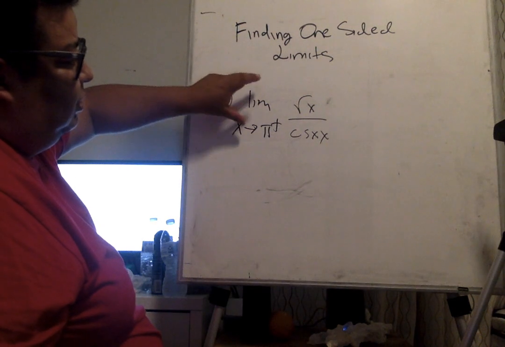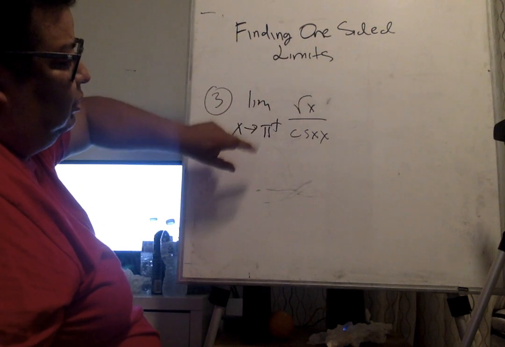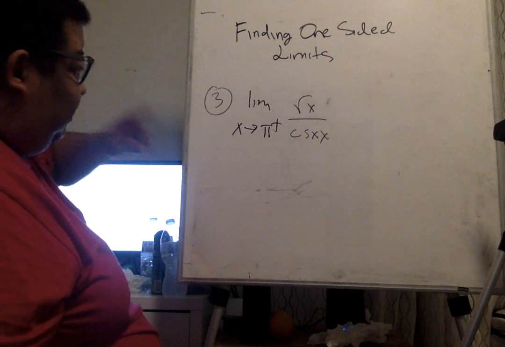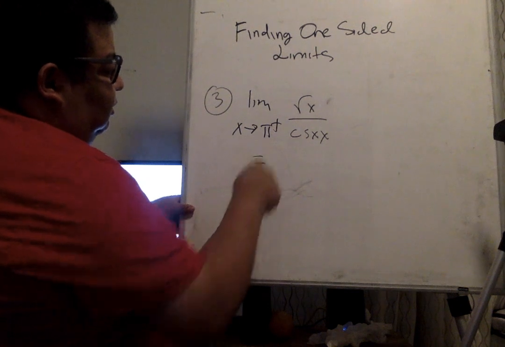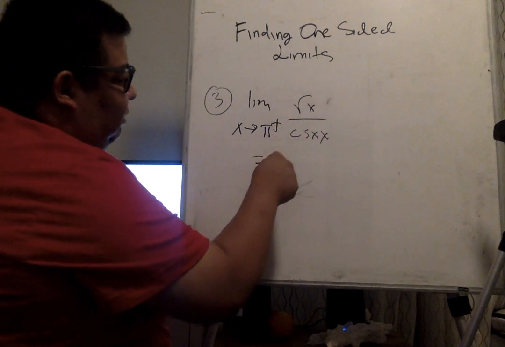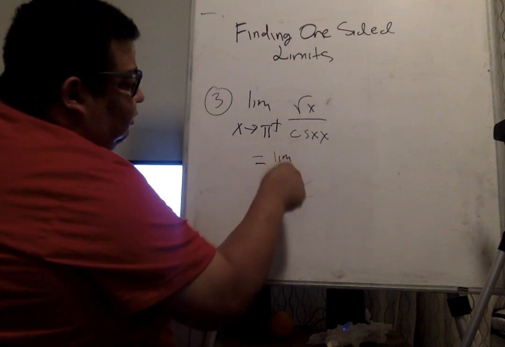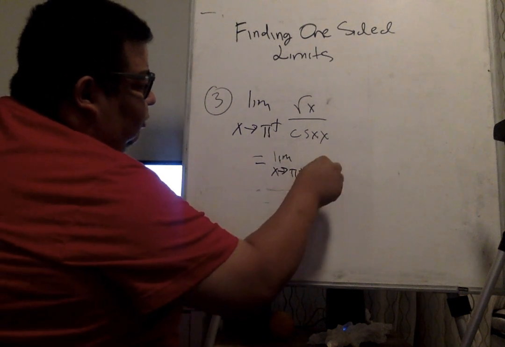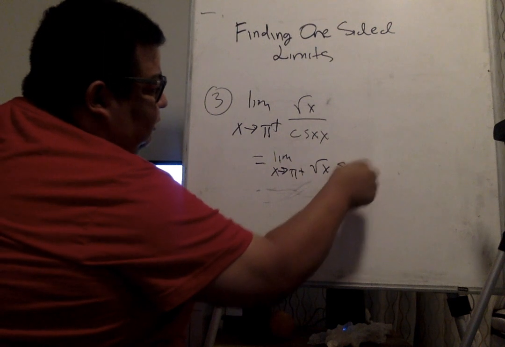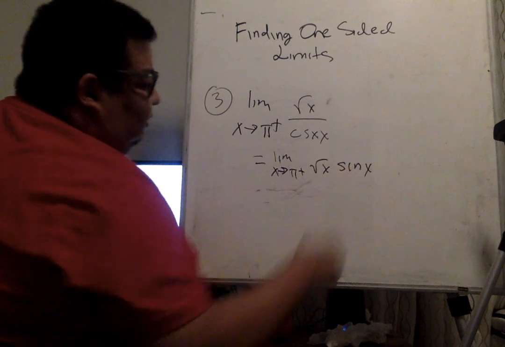It's not going to work. So what I suggest to make this problem easier is to change the form of this limit. You can write it as the limit as x approaches pi from the right side of square root of x times sine of x.